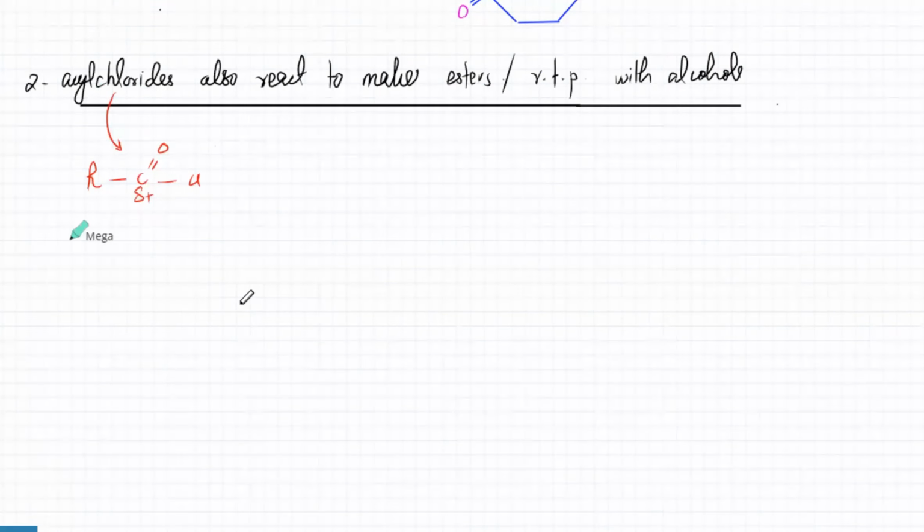So in acyl chlorides, carbon has a higher slight positive charge density.